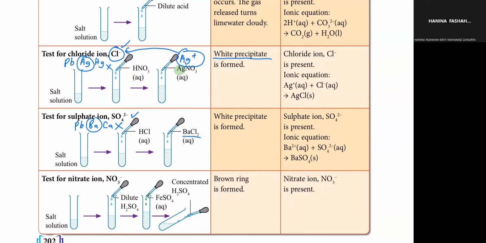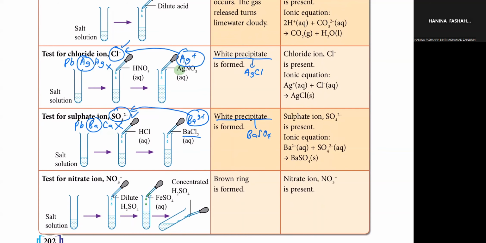The Ba2 plus goes and finds SO4 2 minus to form white precipitate, which is BaSO4, insoluble. Now you can confirm sulfate ion is present.